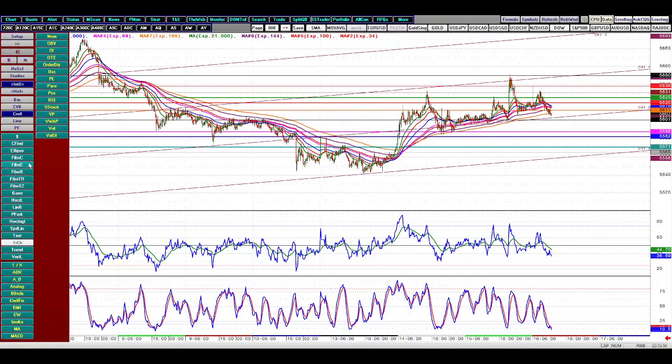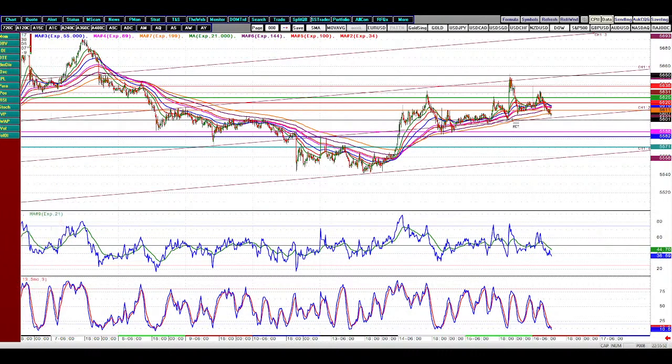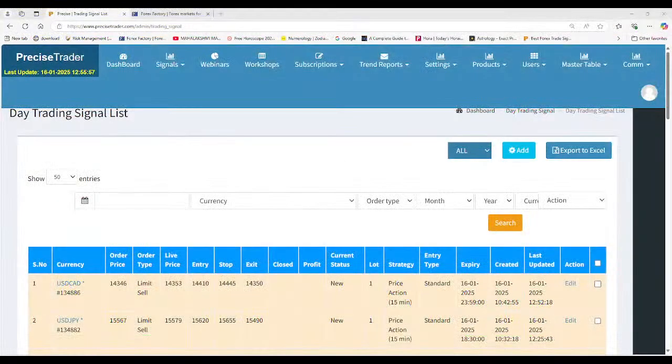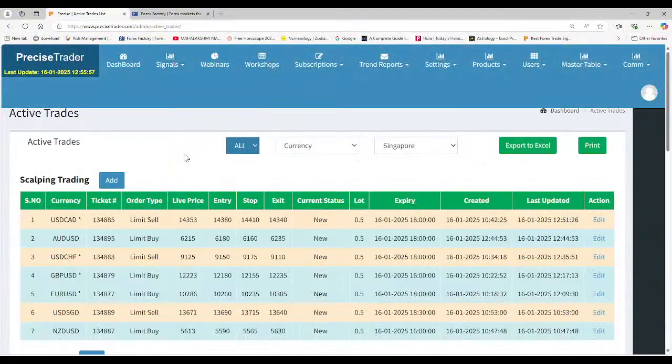So if I'm going for a buy, 55.90, and exit before 56.30. That should be your call.